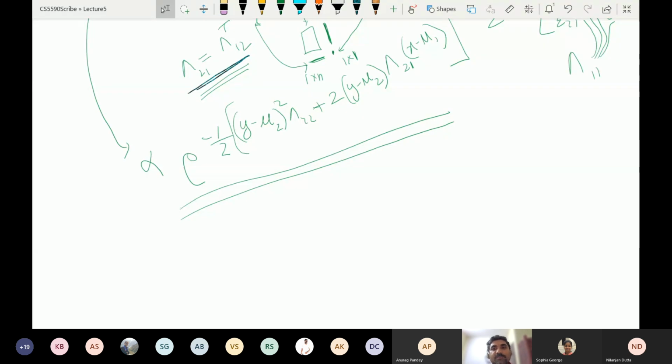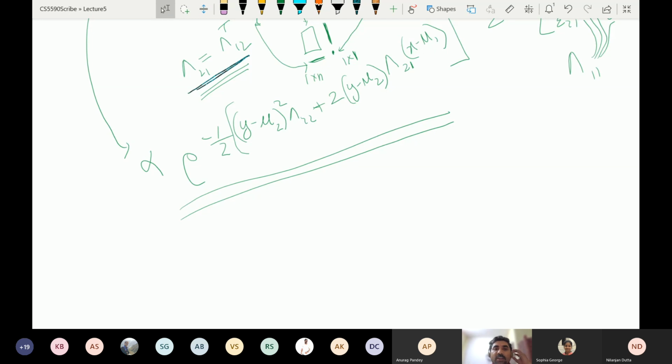That is clear from the form of this likelihood function. The only thing remaining is to read out the values of mean and variance of that distribution of y given x, right?